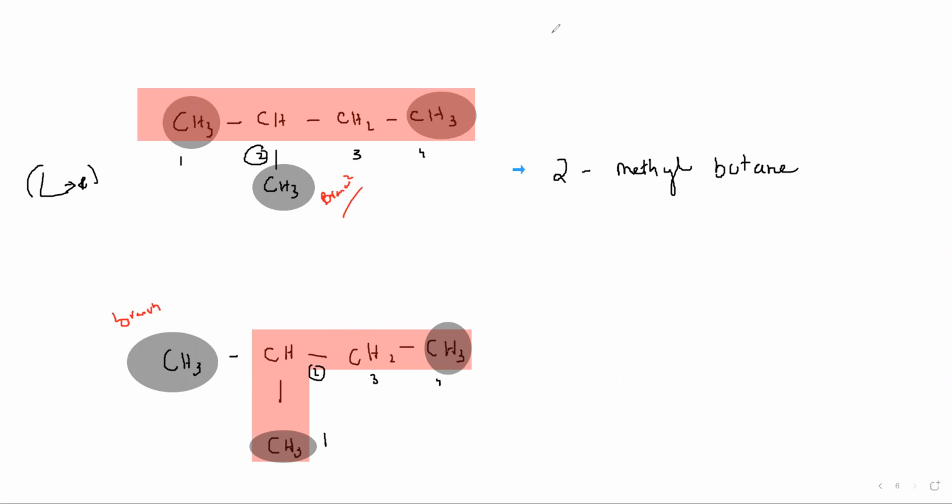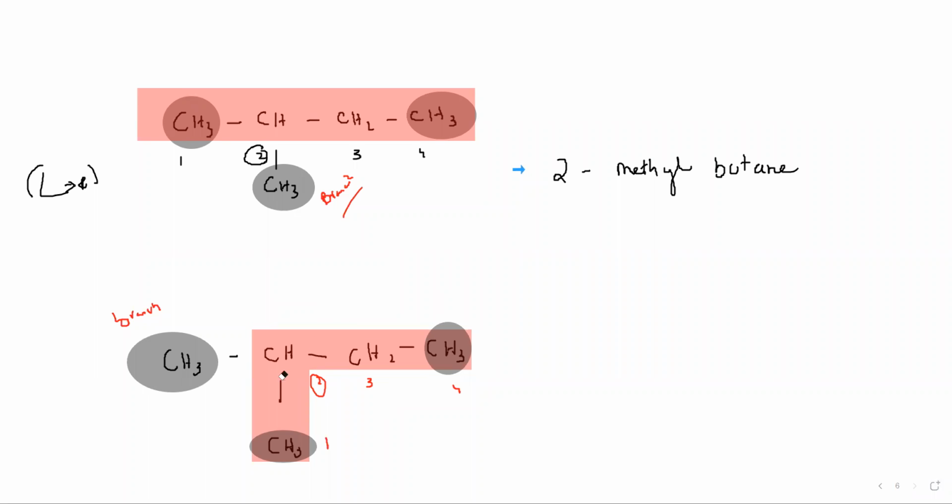If I number the carbon atoms, there are 2 ways to number. I can start numbering from the right hand side, 1, 2, 3, third position, I have a branch attached. Or I can start numbering from bottom, 1, 2, 3, 4, second position, I have a branch attached. So which numbering should I follow? Where the branch is closer. So this is a branch.